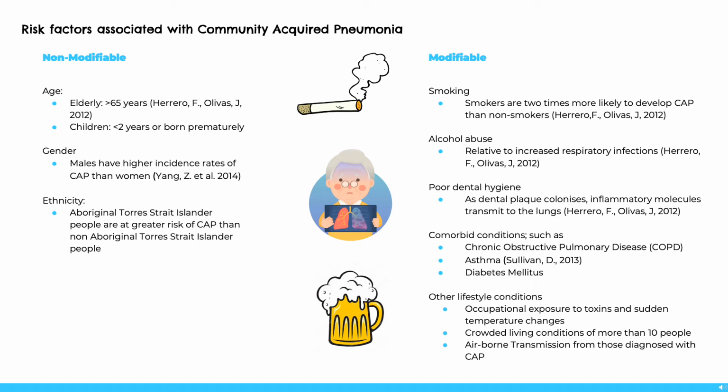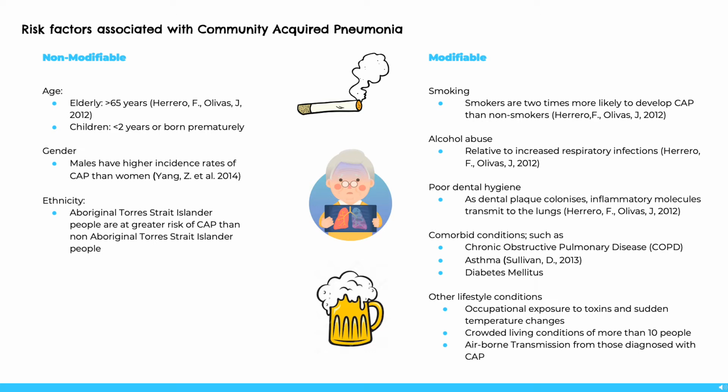Non-modifiable risk factors. Age is a risk factor for community-acquired pneumonia, specifically the elderly, those above the age of 65, and young children, those below the age of 2 or born prematurely. Deteriorating physiological changes accompany the aging process. Their weak immune system lacks basic defense mechanisms, leaving the elderly vulnerable to infection.